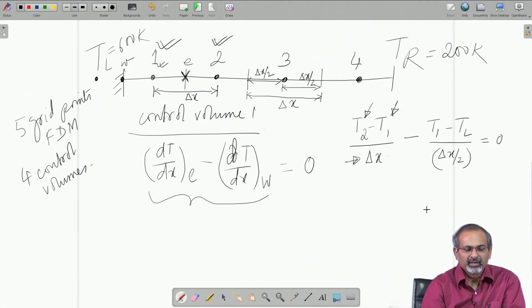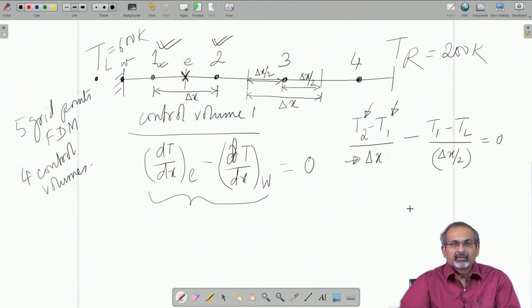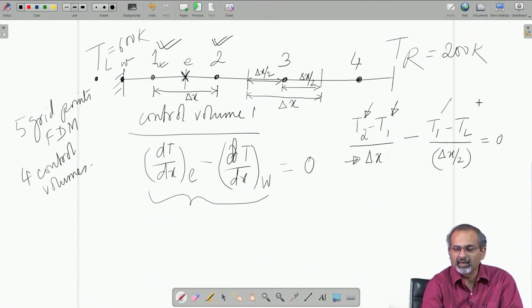So, what do we have? The derivative at the w face of the cell would then be approximated as T1 minus TL, which comes from the boundary, by half the length as compared to the previous case. So, it is delta x by 2.